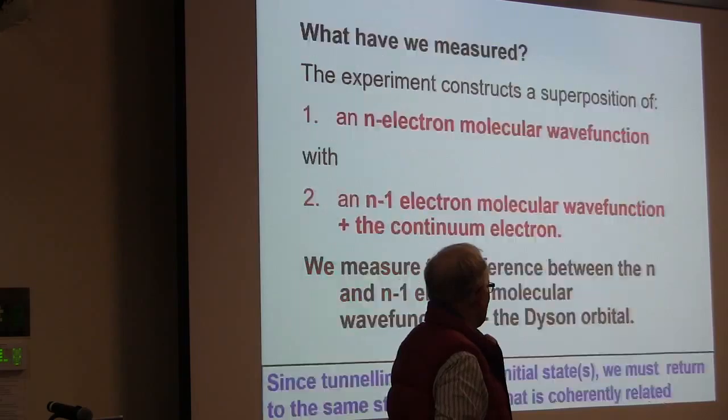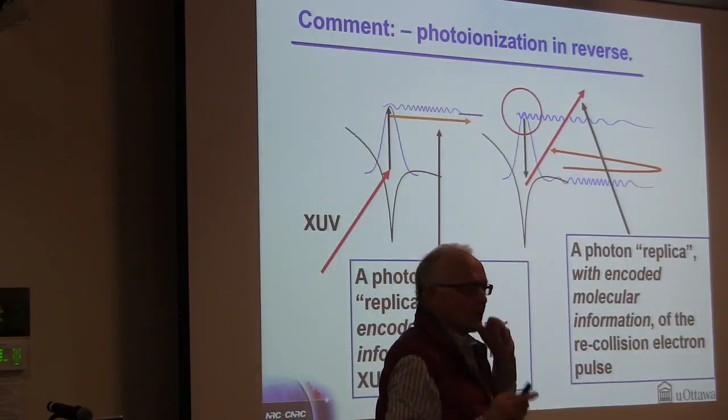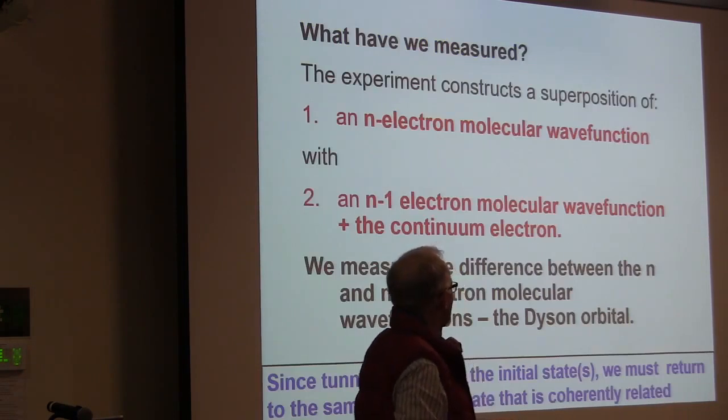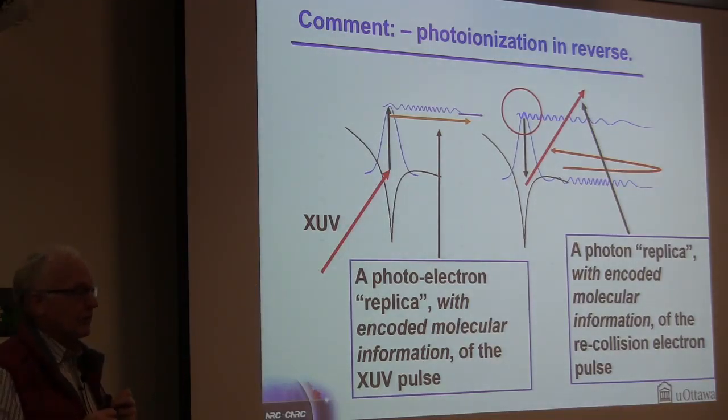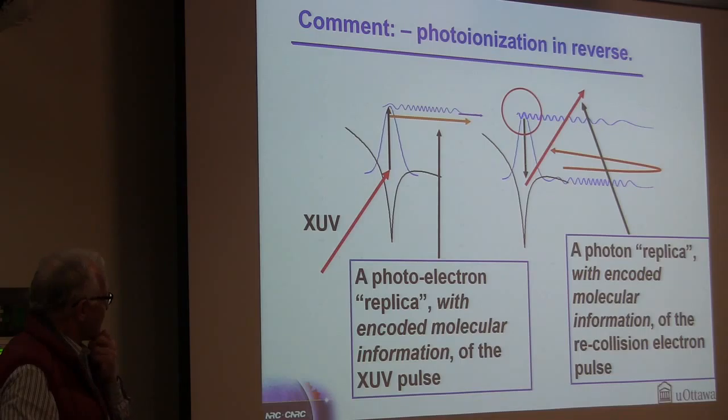We started out, let me try to tell you what we started out to do. But actually, maybe I wanted to stop and make a comment in between. I think it's interesting to think about the relation between high harmonic spectroscopy and photoelectron spectroscopy.